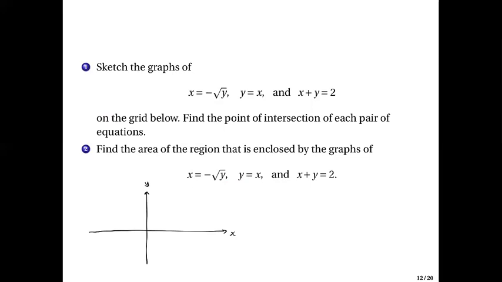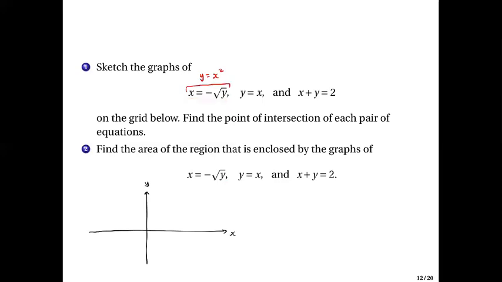This guy here, you can rewrite this as what? You square both sides, you will have y equals x squared. Now, it is written this way: x equals negative square root of y.